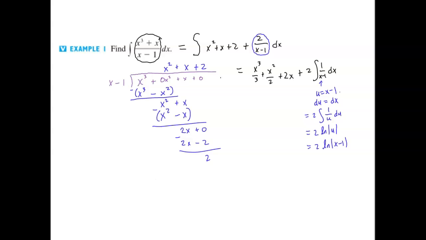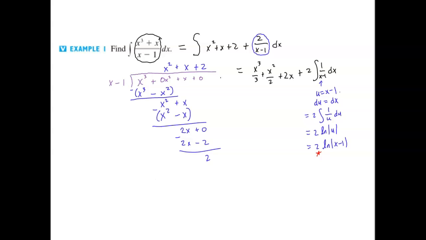So if this was like 3x minus 1 or something other than just x minus 1, then you would want to do a proper u sub because that's going to affect what du is. That's going to give you a different fractional coefficient, if that makes sense. But as long as it's just a constant over x minus 1 or x plus 1, that antiderivative is always going to come out similar to this.